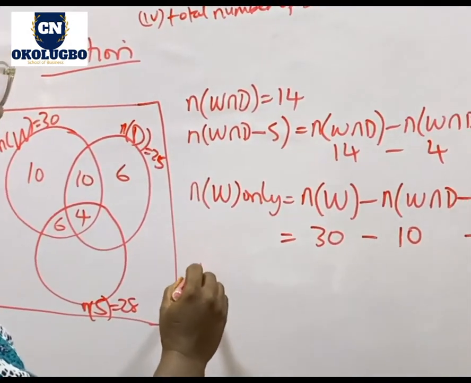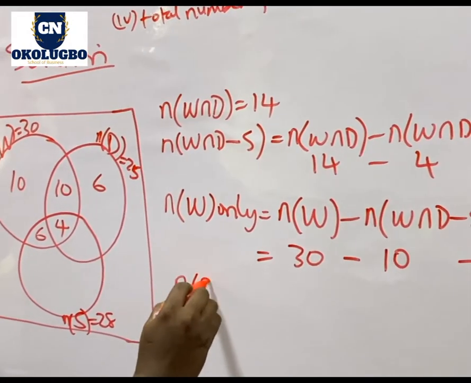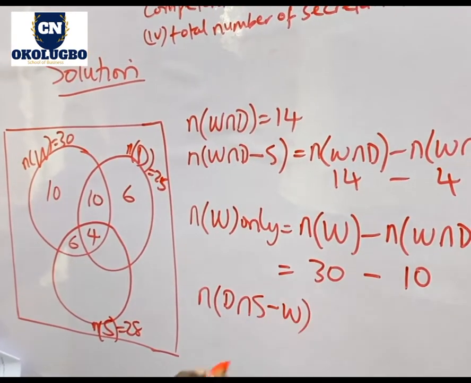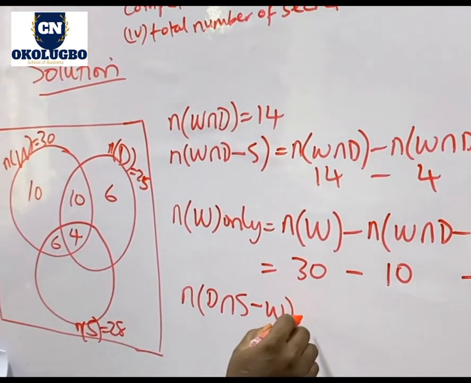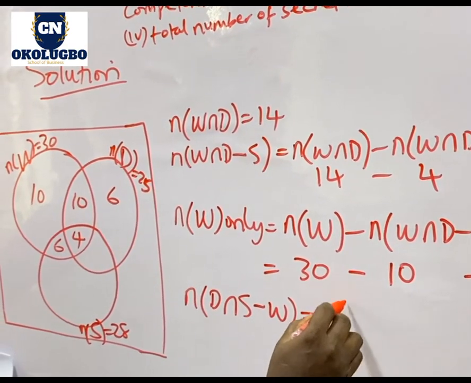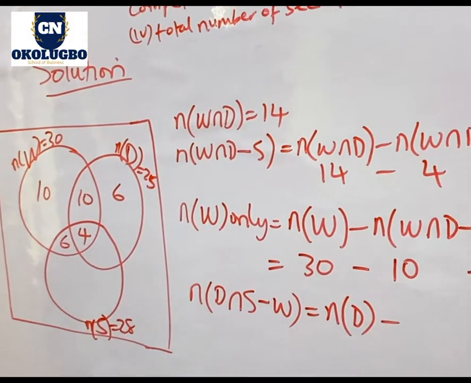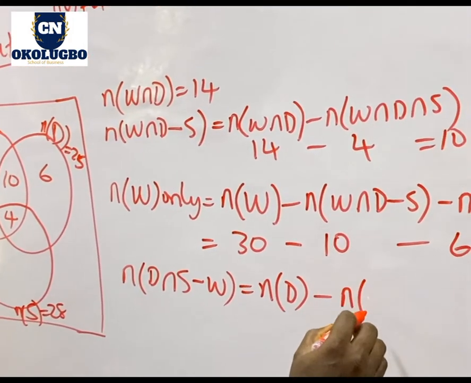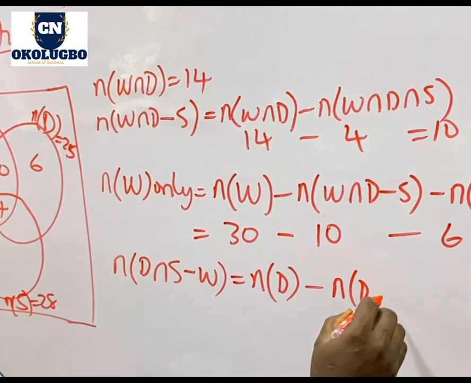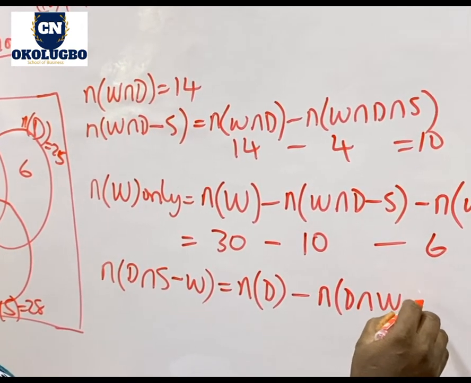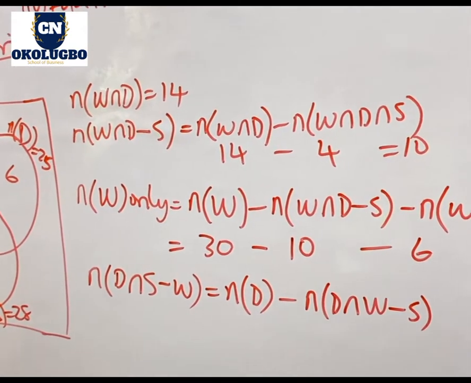We have the number of database intersection spreadsheet minus Word, that's only, will be the number of database minus the number of database intersection Word minus spreadsheet. That's what we have here.